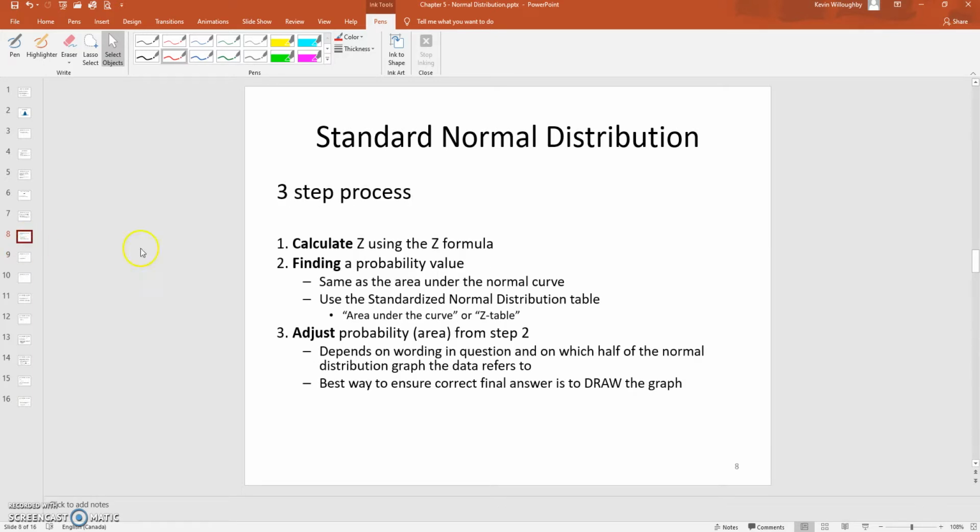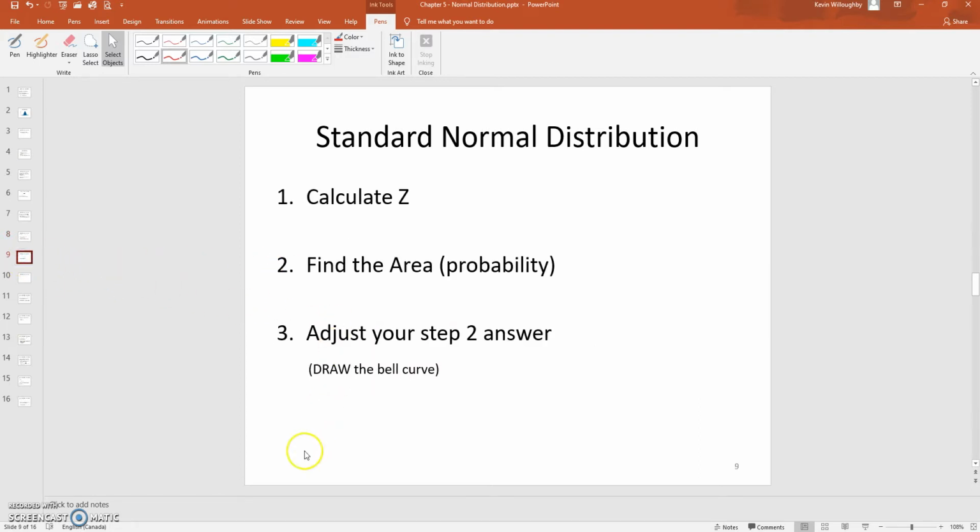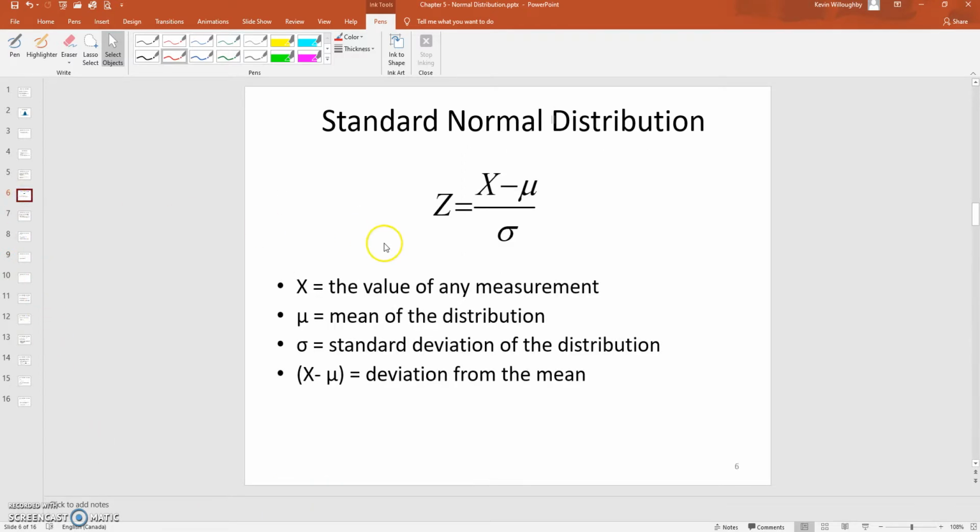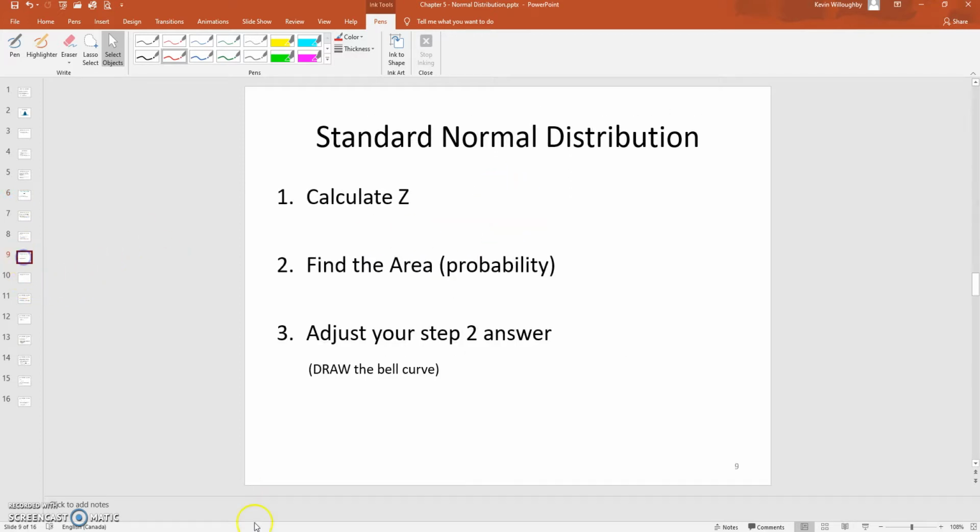It refers back to the three-step process where we calculate a z, we find an area or probability number using the reference table on page 126 of your course package, plus then the final step is to adjust the various probabilities. So the first thing we want to do is calculate a z value. We're going to calculate that z value using this formula here: z equals x minus the average divided by the standard deviation.